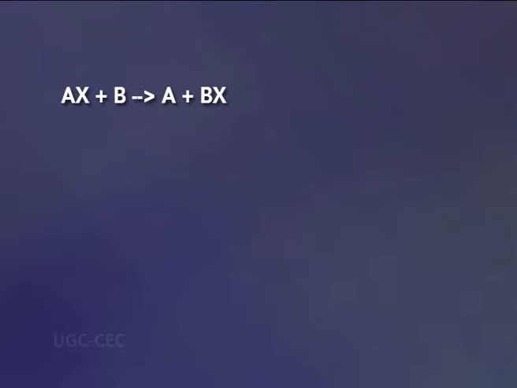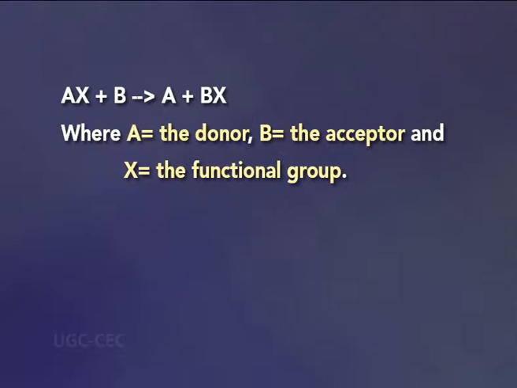The basic reaction can be shown as AX plus B gives rise to A plus BX, where A is the donor, B the acceptor and X the functional group. There are many transferase enzymes. Here, two subgroups will be focused on.